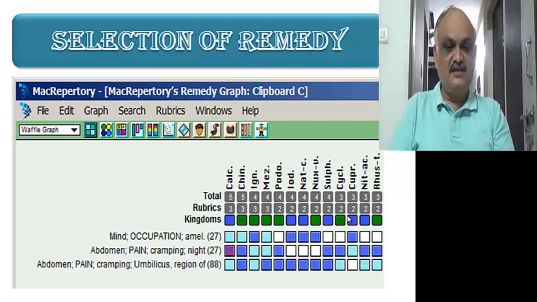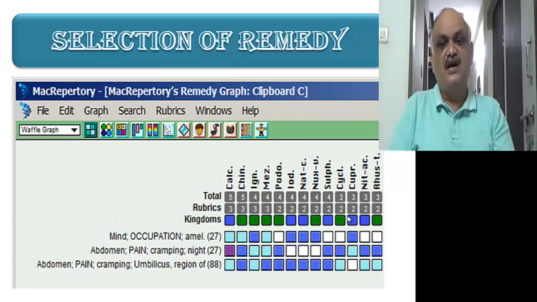So I have selected these rubrics: mind, occupation, amelioration; abdomen pain, cramping, at night; abdomen pain, cramping, umbilicus region; and this is the list of 10 or 12 remedies.